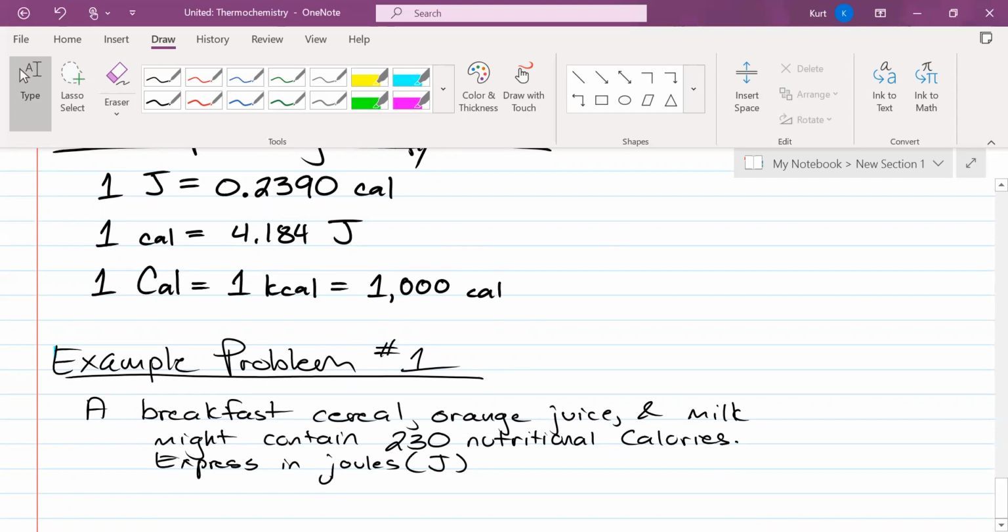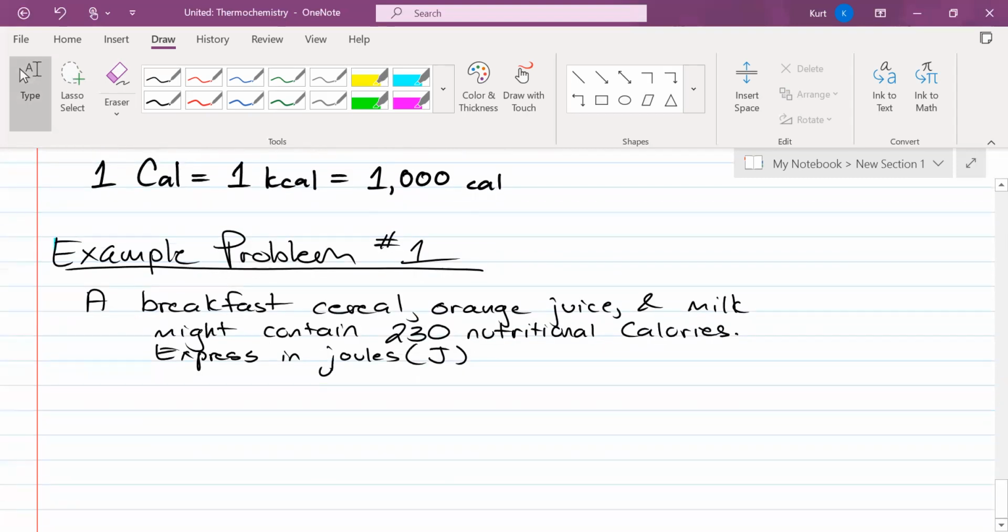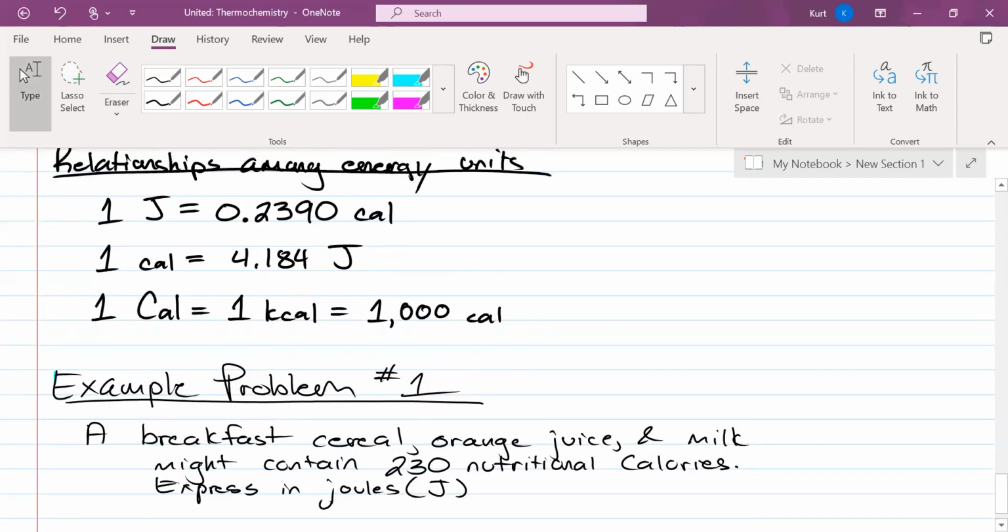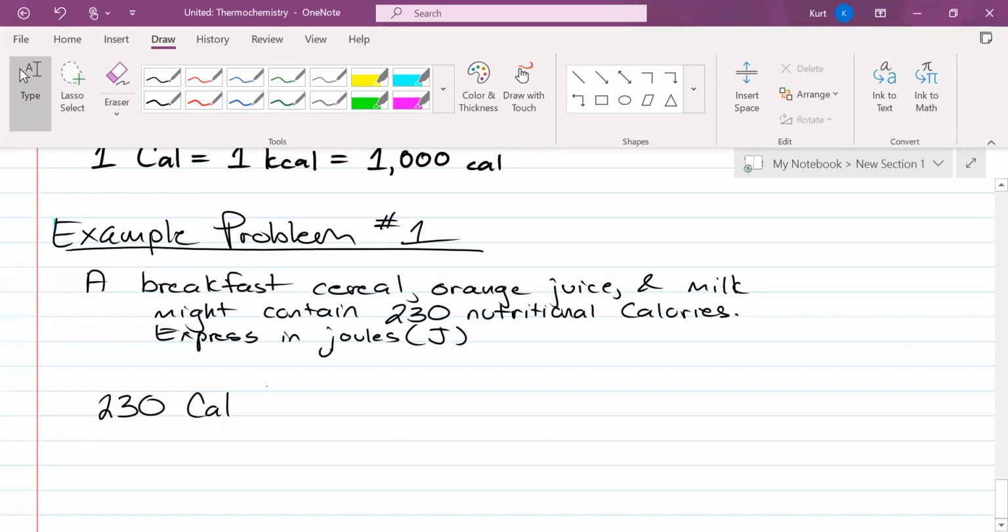All right, here's what you should have done. Your known value is 230 nutritional calories. You guys do not have a conversion here at your disposal that goes from nutritional calories to joules. So you need to convert the nutritional calories to little calories. 1 nutritional calorie is equal to 1,000 little calories.